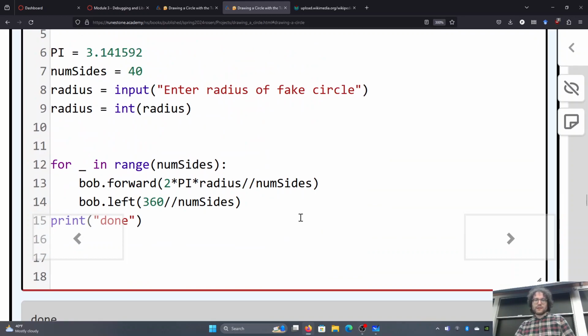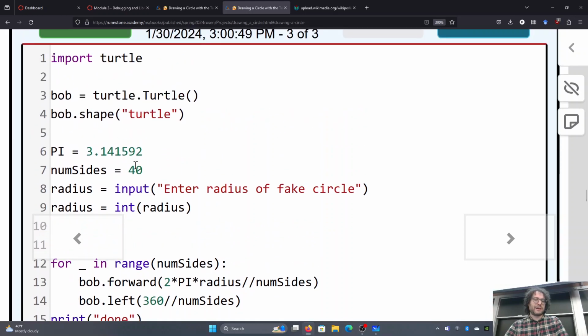Okay. So again, the reason this worked was because we knew that this is going to be the amount that this runs 40 times. 2 times pi times the radius.